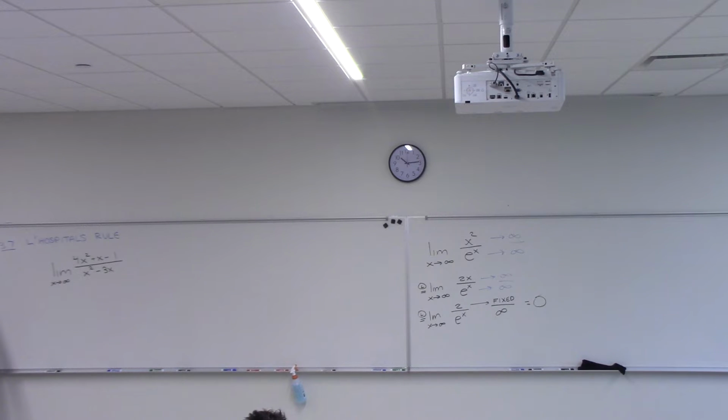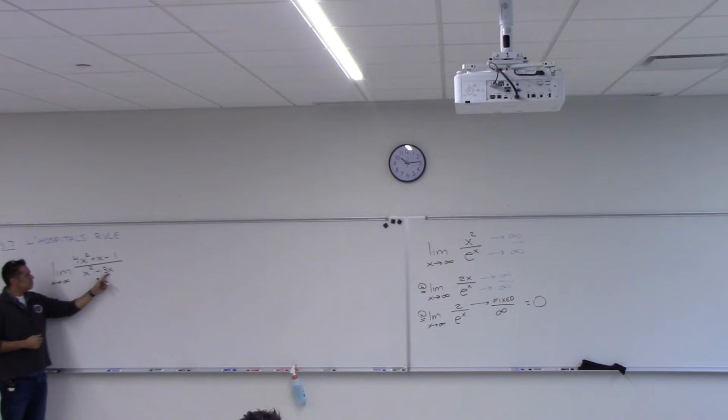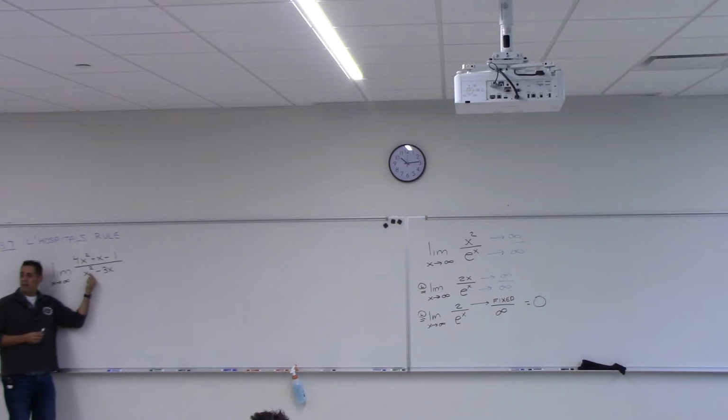Do we have a form that L'Hopital's rule is valid for? Where's the numerator headed? It's infinity, right? Because all this up here is just getting bigger. Here, these are subtracted, right? So I have infinity minus infinity. But do you remember when we did this, I told you that whichever one has the highest power is the one that dominates, right? So this is going to be infinity on the bottom, right?